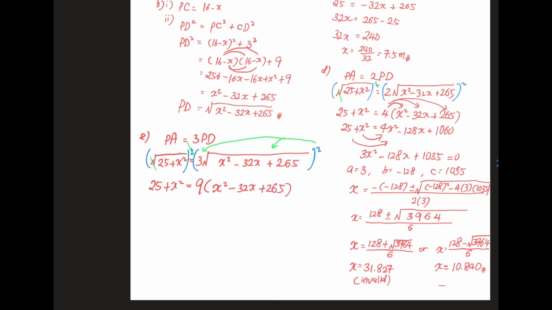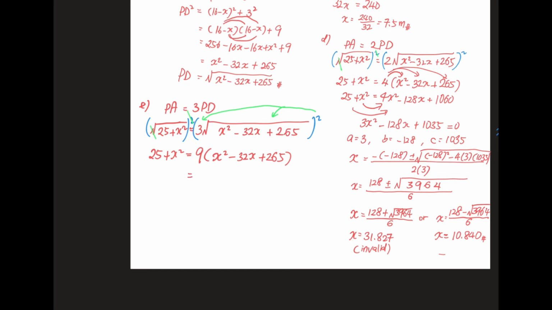Okay, now we have something like this. So we solve this. First I expand the 9 into the 3 terms: 9x squared, and 9 times 32, I have negative 288x, and then 9 times 265, I have 2385. And 25 plus x squared on the left.